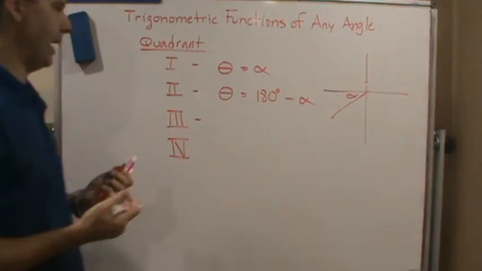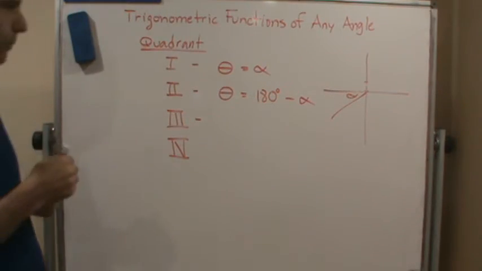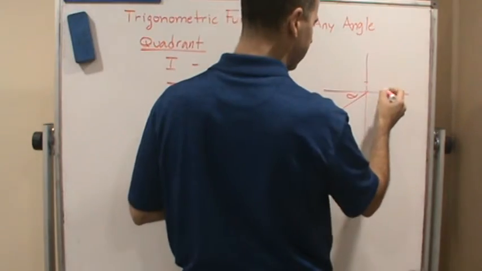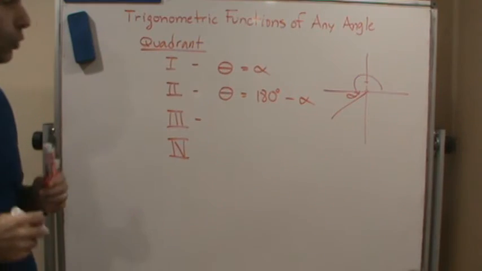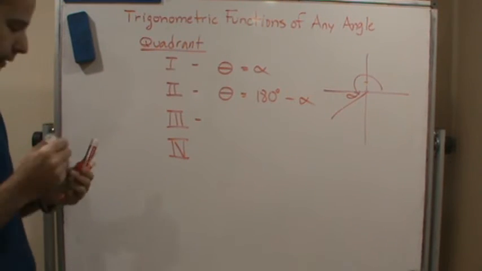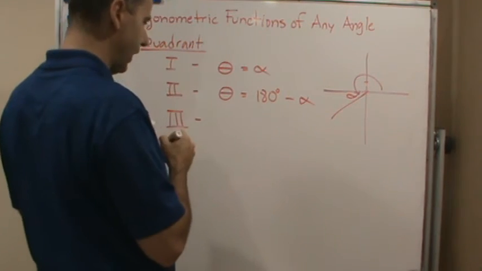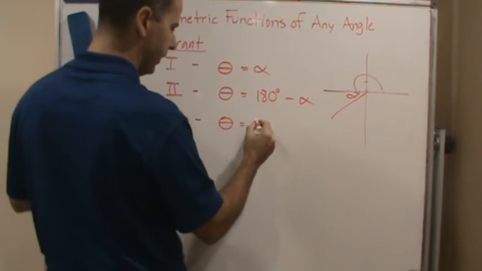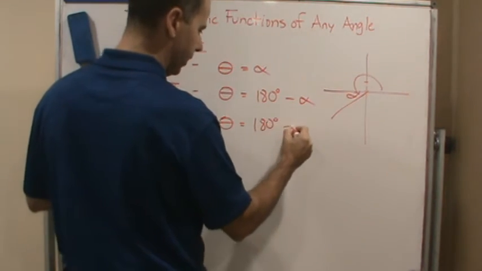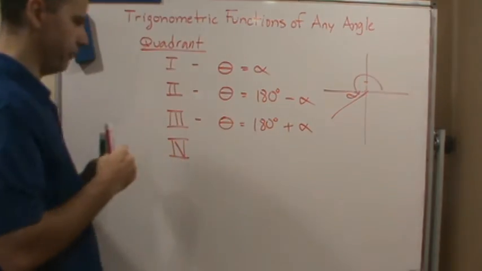What is our theta then? Remember, theta is our required angle. Here we're going to do 180 plus alpha. You can easily derive these by thinking about this. So our required angle theta is 180 plus our reference angle.